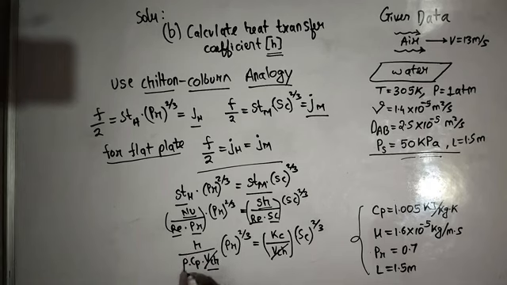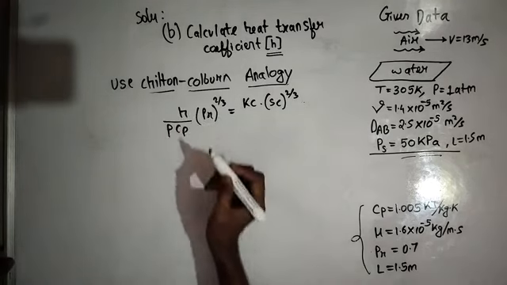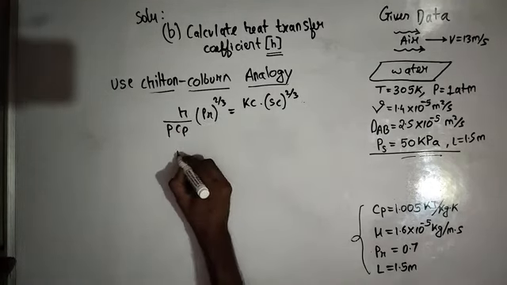In this equation we have density, we have Cp, we have calculated Kc, we have Schmidt number and Prandtl number. So all that is left is the heat transfer coefficient. So we can find this from this equation. From this equation we have to calculate the heat transfer coefficient.